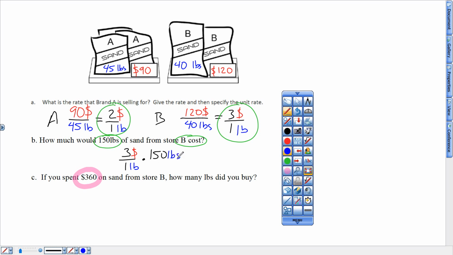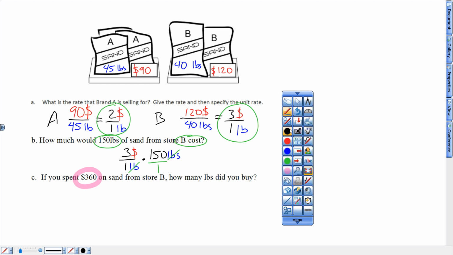That 150 really is a whole number that you could put over 1. And then you really are timesing these numbers straight across. You're timesing that 3 times the 150, that 1 times the 1. When you're timesing straight across, these pound units are going to cancel away. We do that in division. If a number is the same on top and bottom, you could cancel it away. So all it's going to be left is this money unit right there.